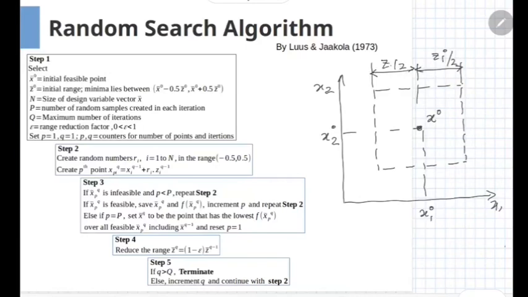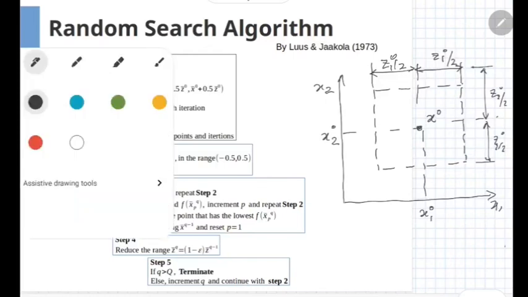Similarly, on the second axis we have z02 by 2 and z02 by 2. So this defines our search space.